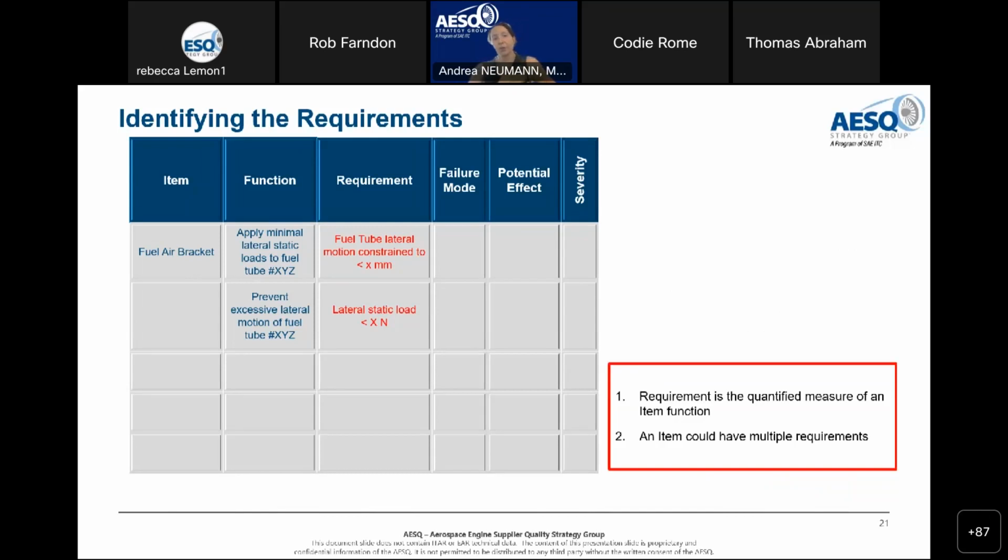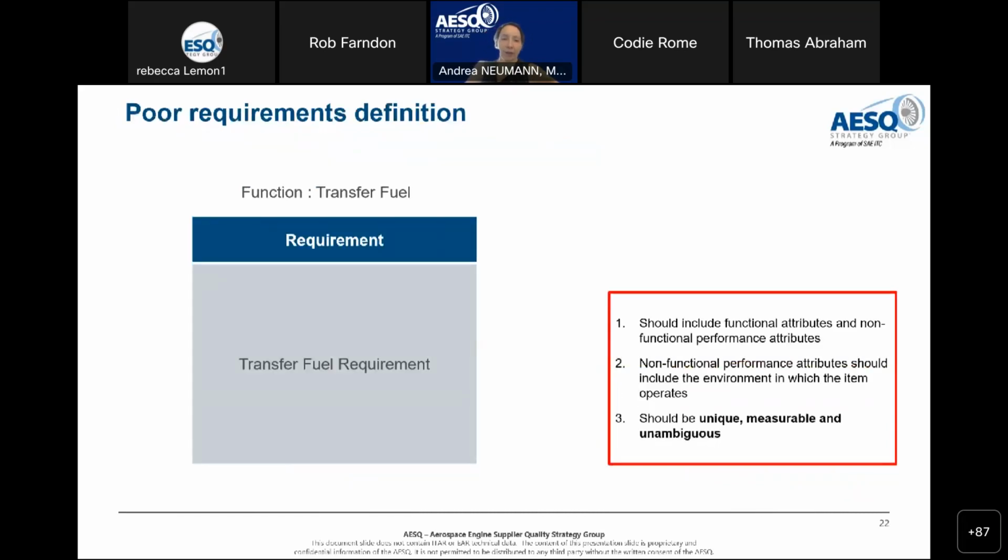So when you do the first step there, where you just look at one item, you will get a lot of possible functions, and then all of these functions can be widened to further requirements, and so you just will get more and more rows in your design FMEA. Can you please go to the next slide?